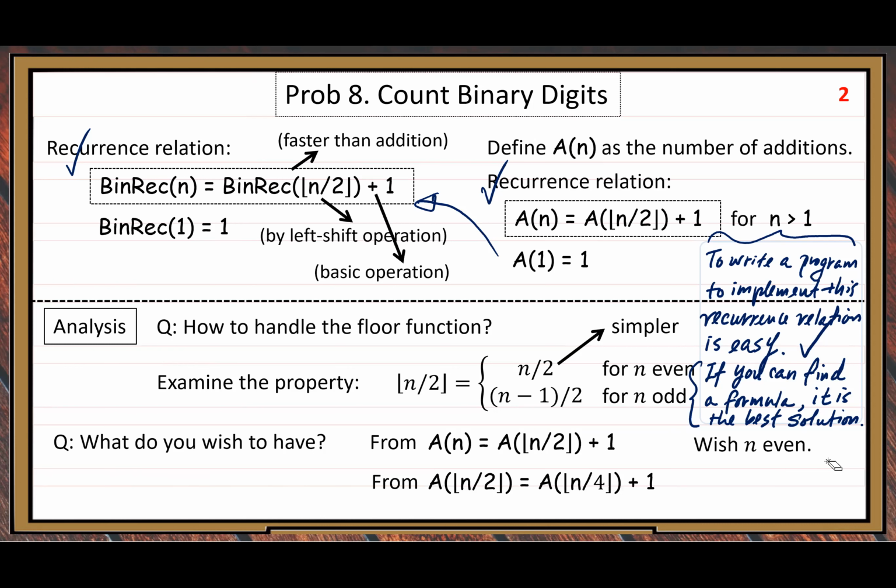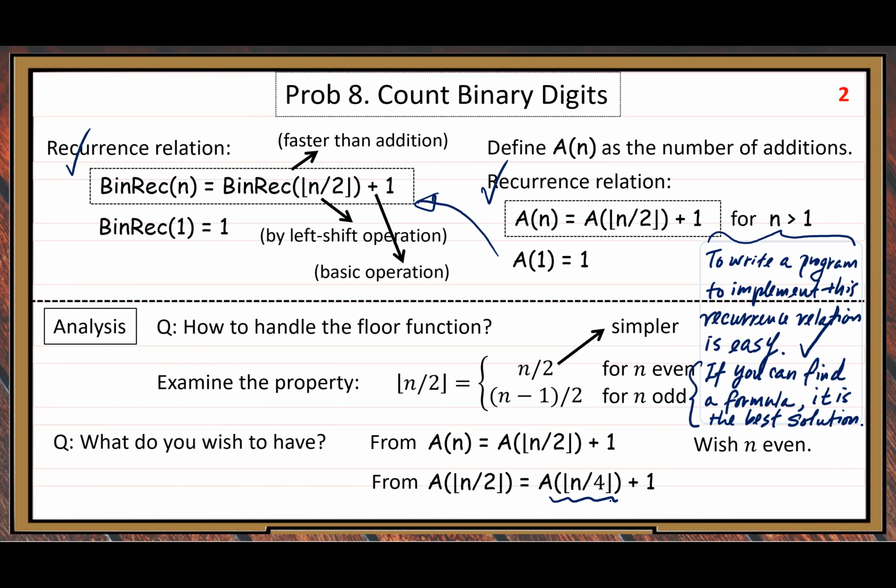After that, we need to move to the next step, right? Not done yet. On the left-hand side, because n is already even, the floor function n/2 is already gone. We don't need that floor function. But on the right-hand side, the floor function is still there, right? It cannot be removed.